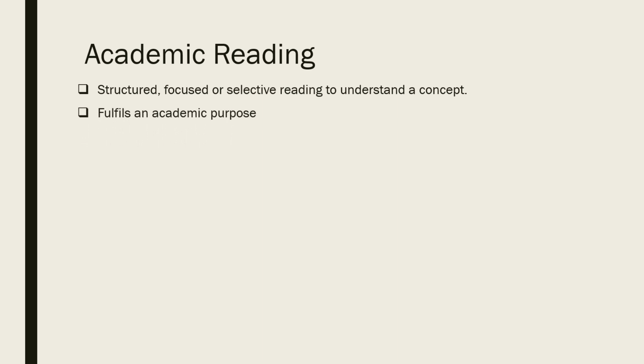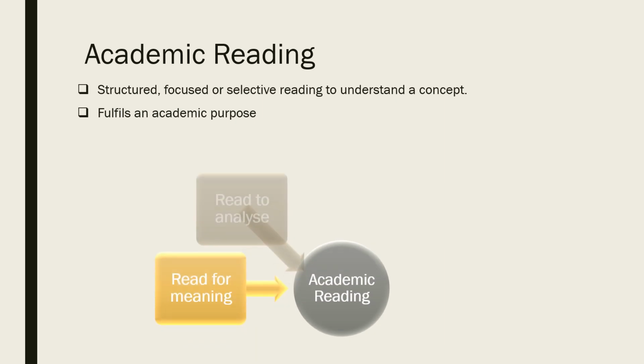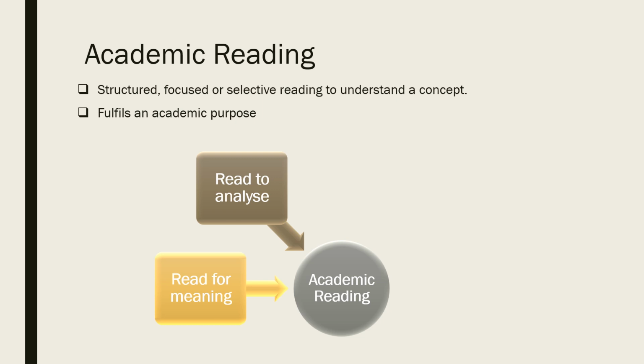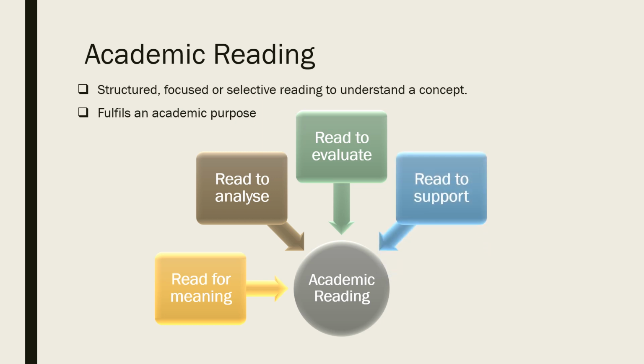It is reading that involves reading for meaning, reading critically to analyze texts or information, reading to evaluate texts or information, reading often done to support your writing, often to validate an idea or claim that you make. And when we read, we gain more nuanced perspectives about a topic, an issue, or a phenomenon.